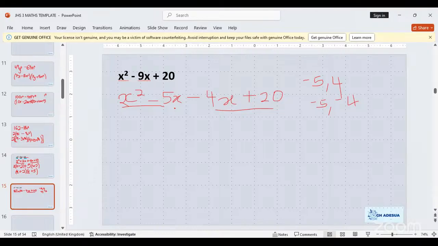So aside from 1, what else? I guess you can see x in x squared and x in 5x. Yes, x. So the common factor is x.